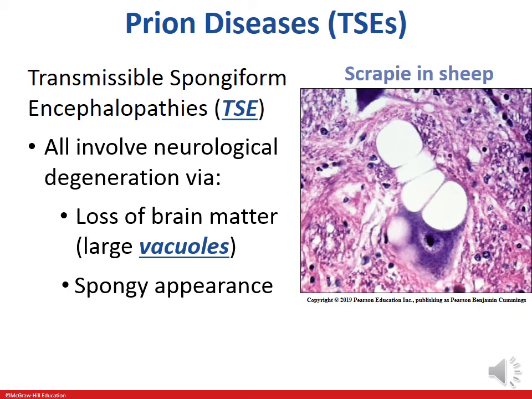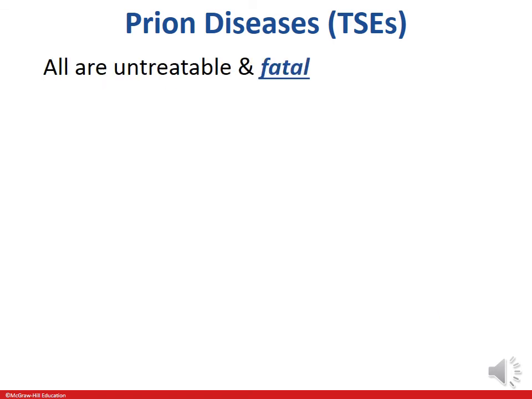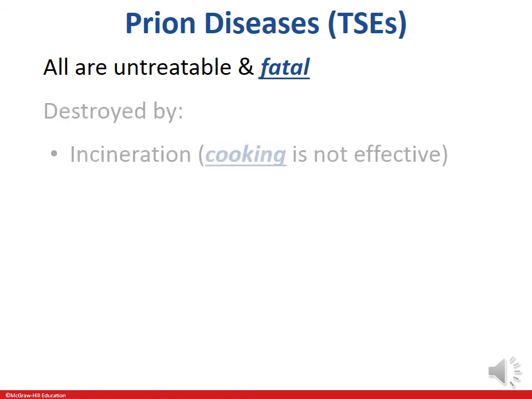There does not seem to be a correlation between the two, but because some of the tissue damage looks similar, there's some crossover there. And so it's a very slow but sure process. In fact, all TSEs that we know of are untreatable and fatal eventually. So again, it could take decades for the damage to actually take effect.